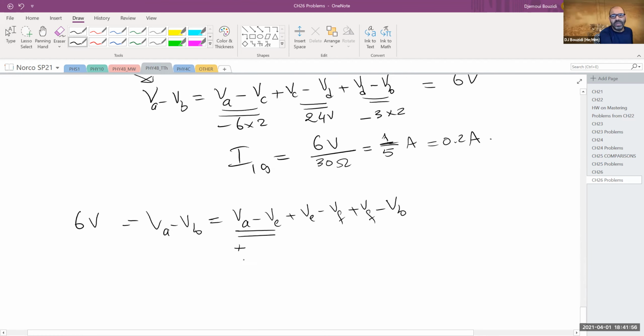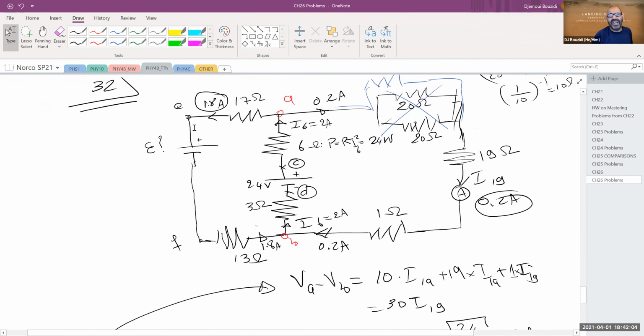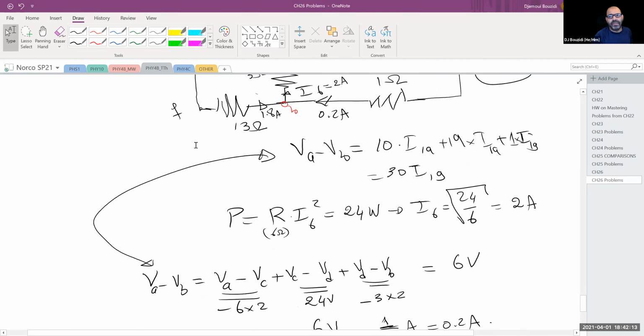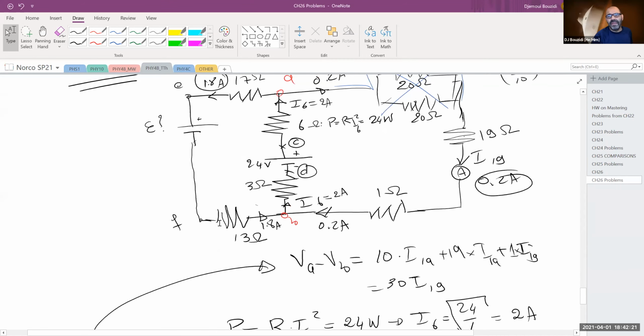So this is 17 times 1.8 plus VE minus VF. VE minus VF is also a drop in potential, assuming that this direction is correct, okay? Plus epsilon.